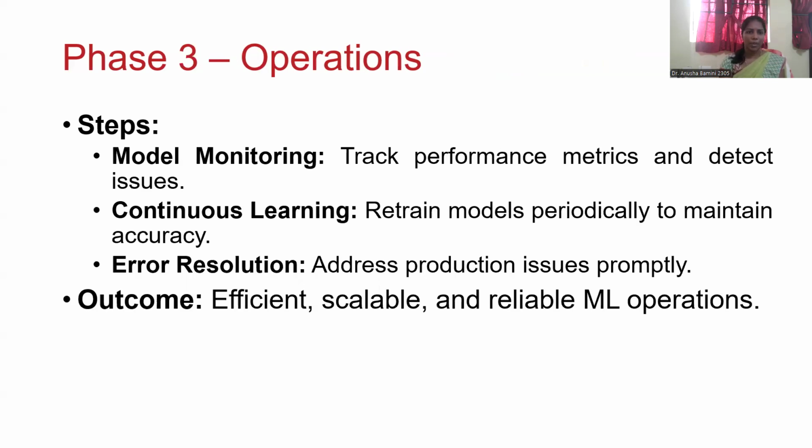Then the third one is operation. Finally, we deployed the model to the end user. After that, we are continuously monitoring and learning, and if any error is generated, we create a solution for that error.